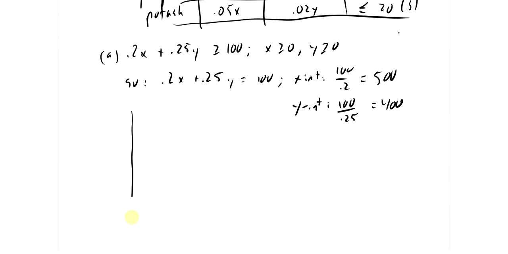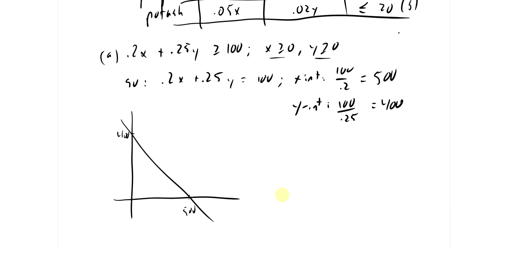Great. So we only want the first quadrant because x is greater than or equal to 0 and y is greater than or equal to 0, so only in this area. X-intercept, y-intercept. 400 is my y-intercept. 500 is my x-intercept. Greater than or equal, that means a solid line.